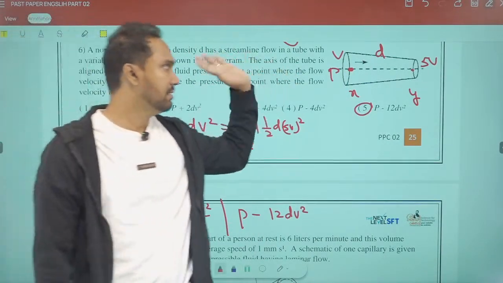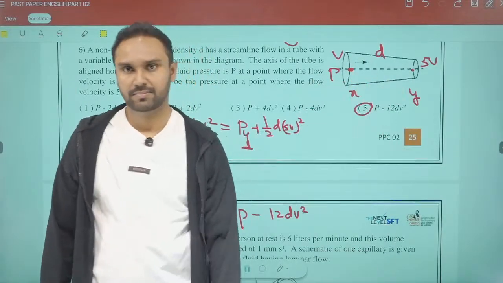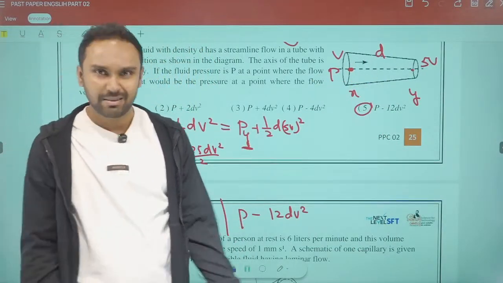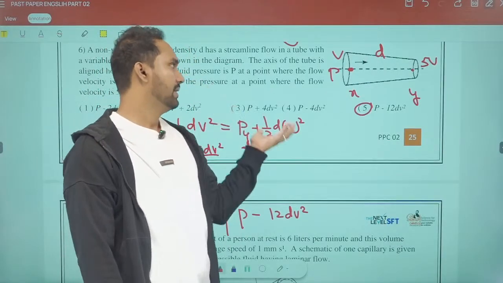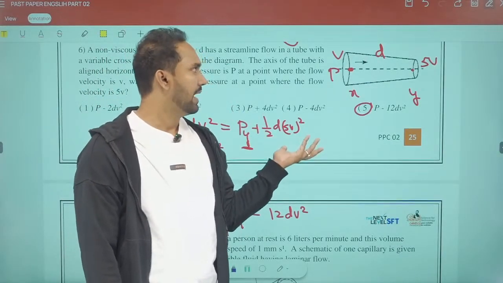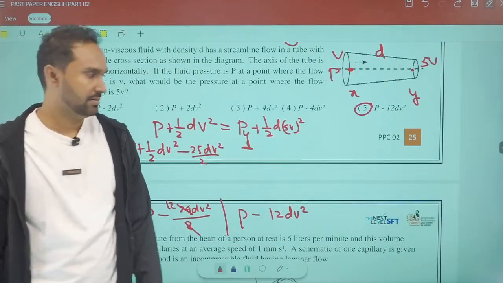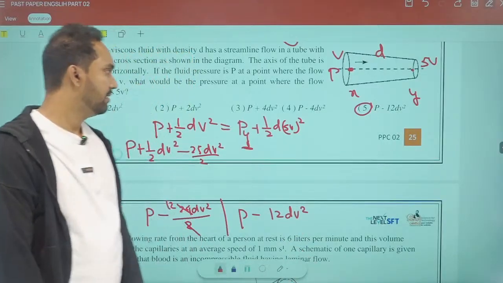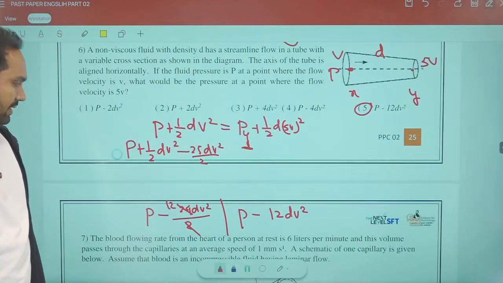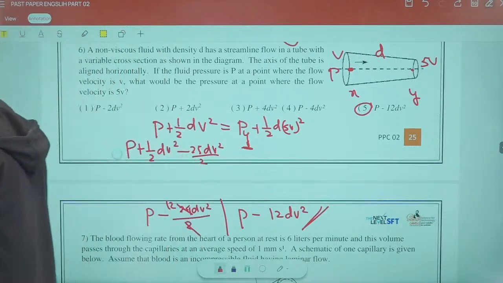We have applied Bernoulli's to things like this, and it's the same thing, but maybe the values are different and there's a bit of algebraic format. Still, it's the same thing. If you keep simplifying it, you'll get the answer at the end. So that's how it happens. So take a note quickly.